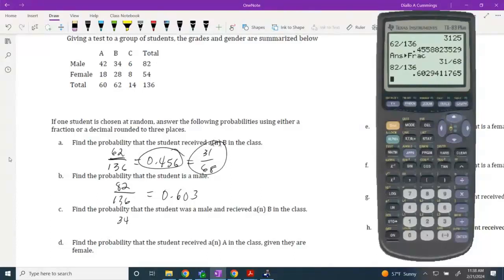So that's 34 divided by 136, which is 0.25.